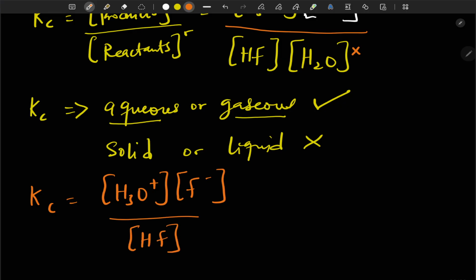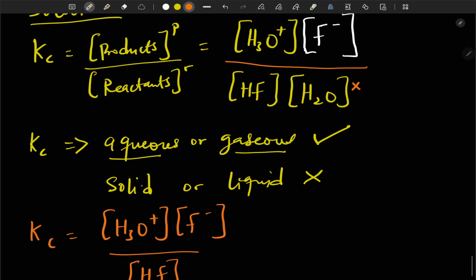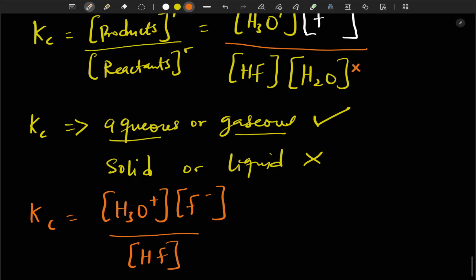The reason why we don't include pure solid or pure liquid in writing the equilibrium equation is because we assume that the concentration of pure solid and pure liquid remain constant during the reaction, so it is not affected by a shift in equilibrium position.